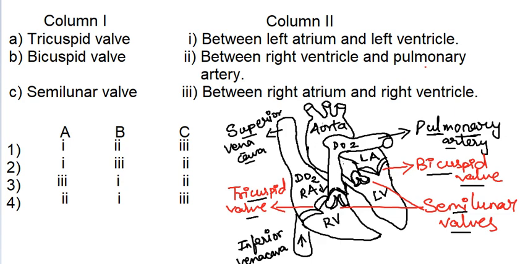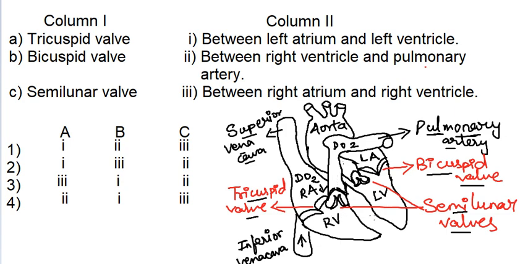And what is the function of the aorta? The aorta will deliver the oxygenated blood to each and every body part. When the left ventricle contracts, the bicuspid valve prevents the backflow of blood from the left ventricle to the left atrium. Two semilunar valves are present: one between the left ventricle and the aorta, and the second between the right ventricle and pulmonary artery.